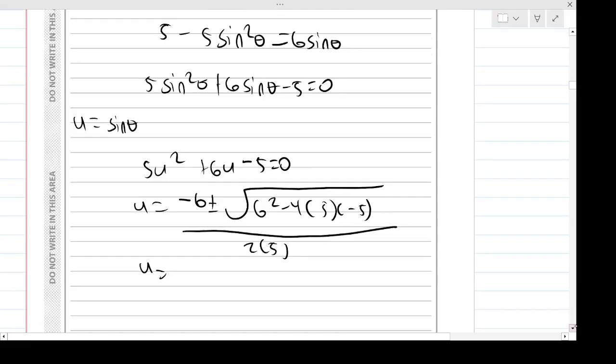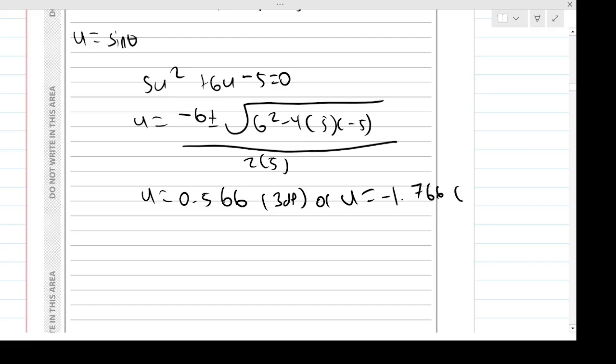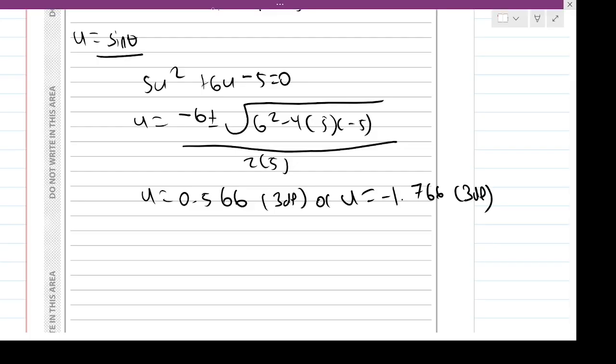U is either 0.566 to 3 decimal places, or U is equal to negative 1.766 to 3 decimal places. So those are my two solutions. But of course I want to solve for theta, not U. If U is sine theta, that means sine theta is 0.566, or sine theta is minus 1.766.